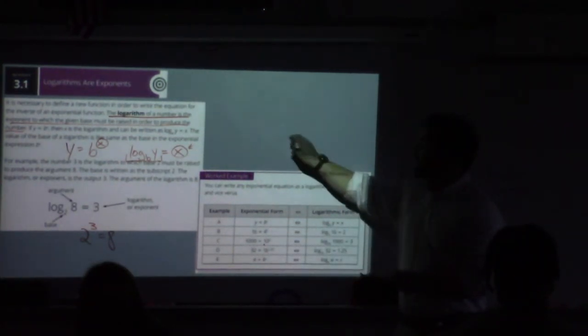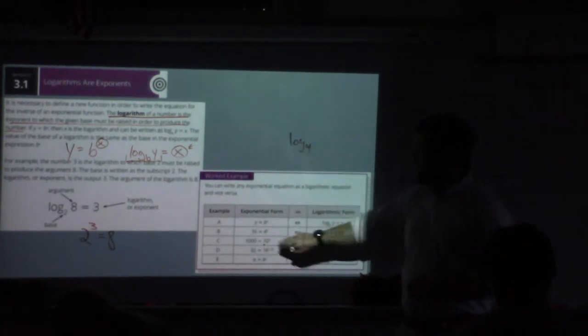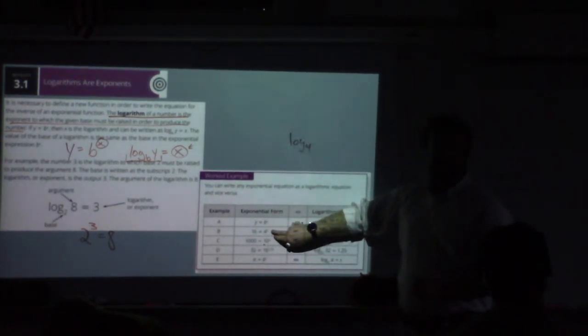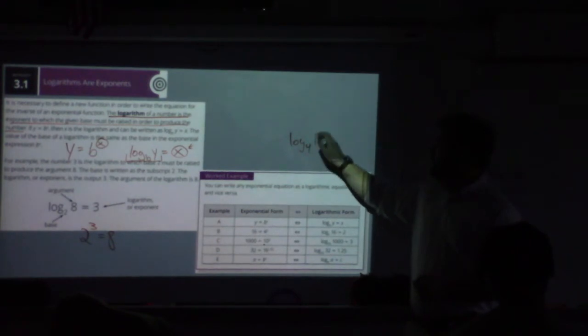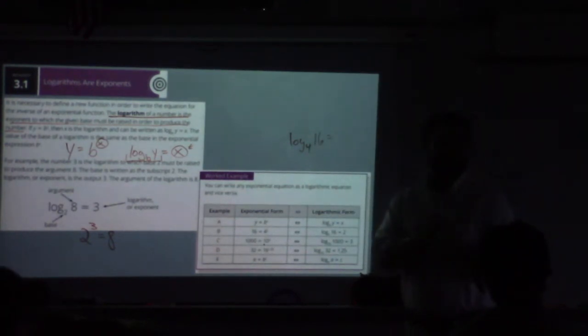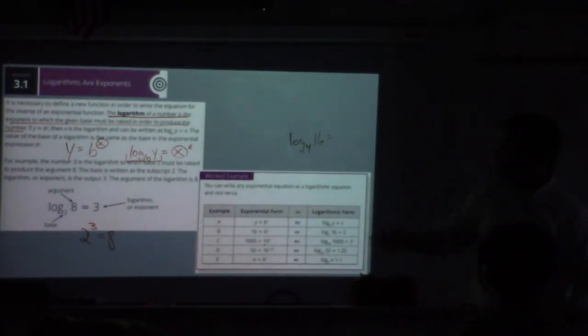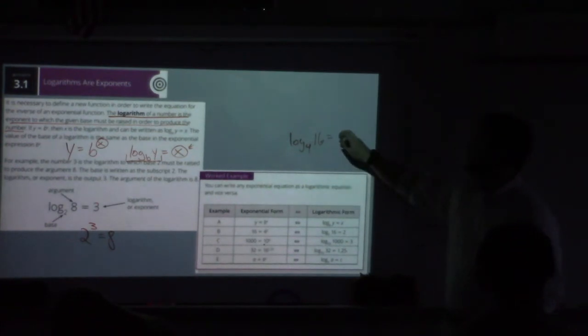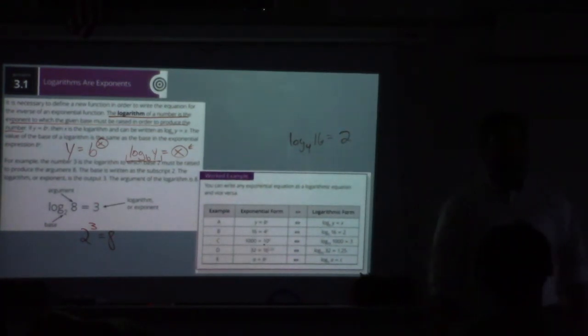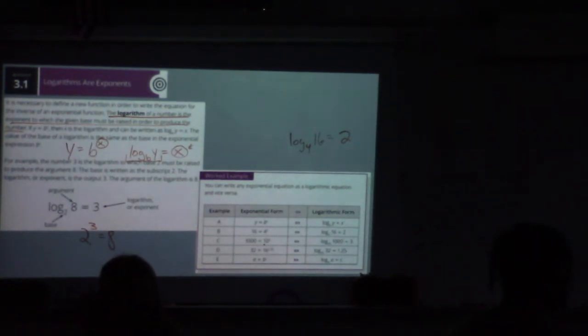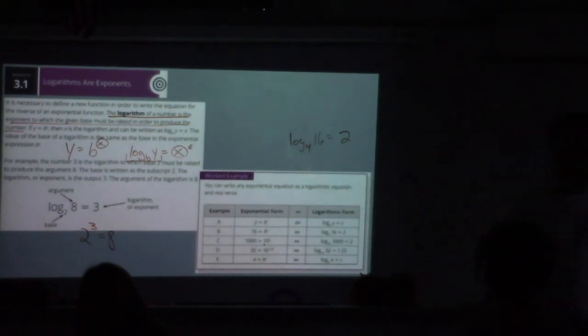So that would be log base 4 of 16 is equal to, because remember it needs to equal the exponent. What exponent goes on 4 to give me 16? That's all a logarithm is. So you need to find the exponent that goes on the base to get me that number. It is called the argument. Okay. That's all it is.